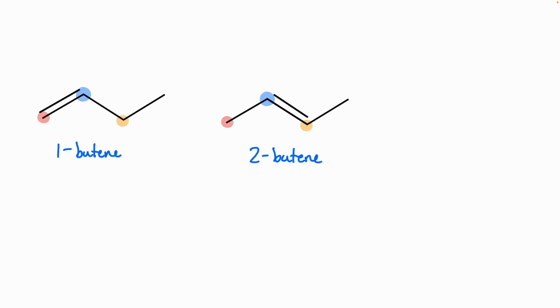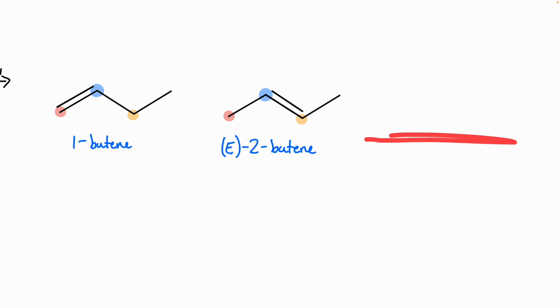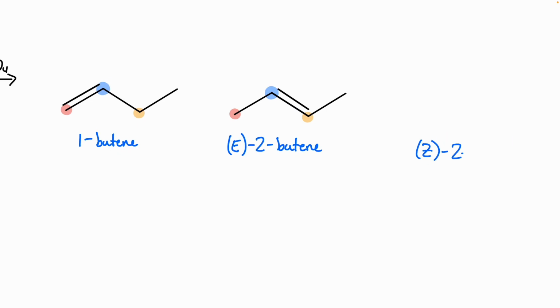You'd put in 2-butene, you'd hit enter, and SmartWorks would be like, bam, wrong. Why? What are we forgetting here? Stereochemistry. This isn't just 2-butene. This is specifically the E stereoisomer of 2-butene. All right? We're going to get yet another product, our other stereoisomer, our Z 2-butene.